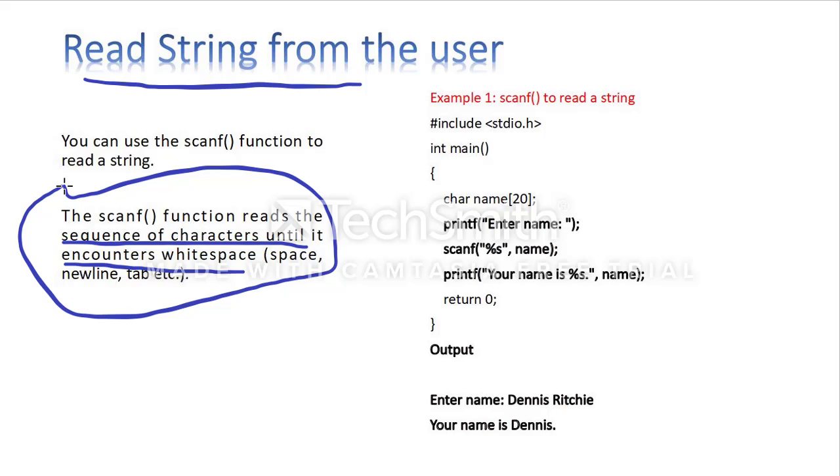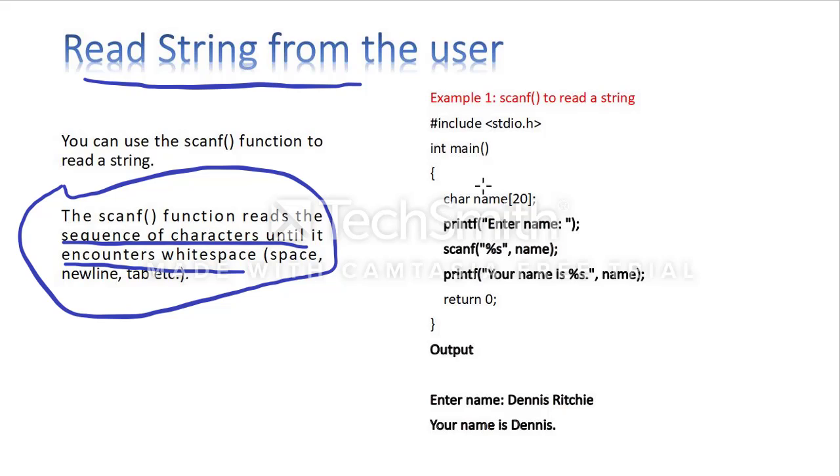For example, if I give ECB space college, it can take only ECB, it cannot take the value after the space. So with scanf we can only give a sequence without any white spaces or new lines.